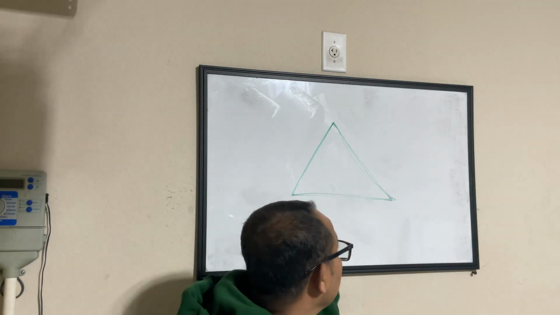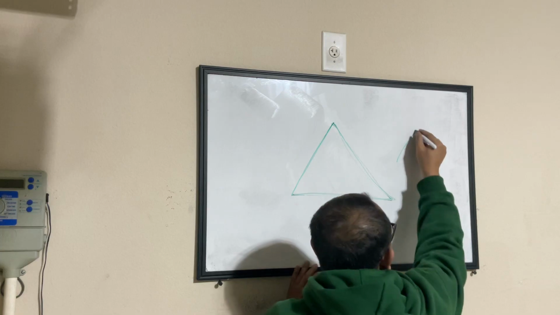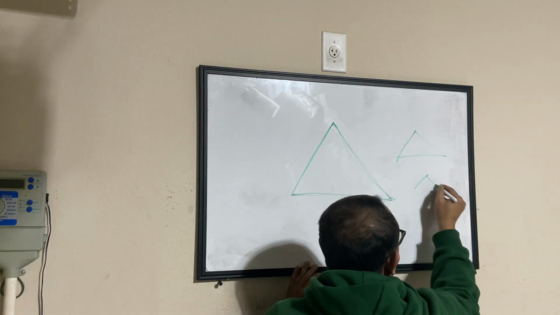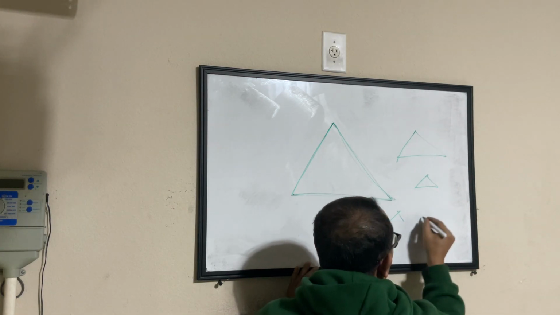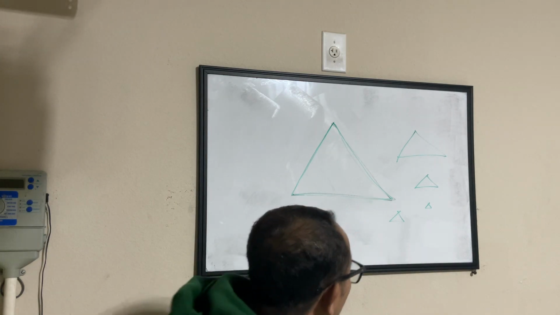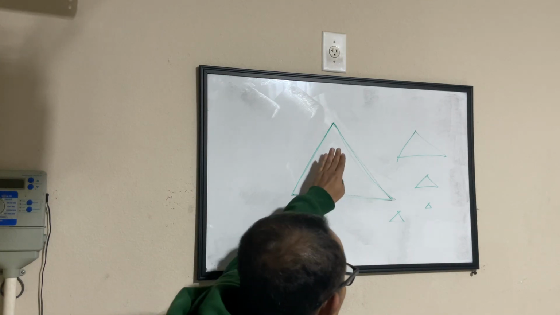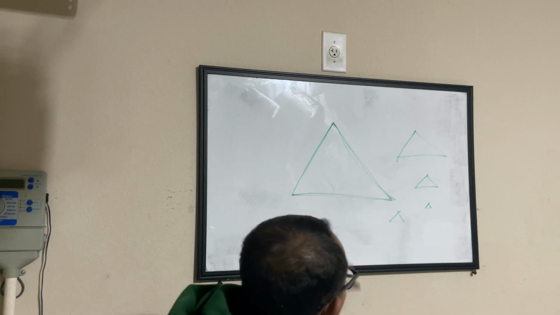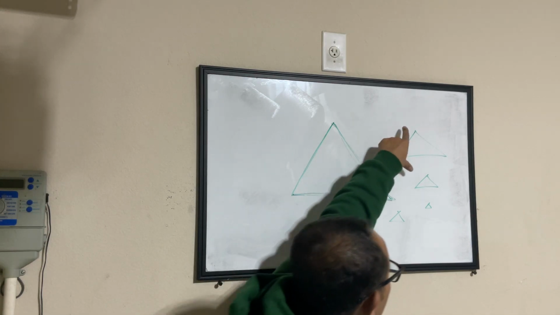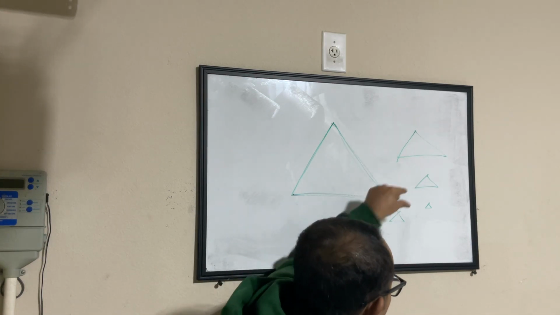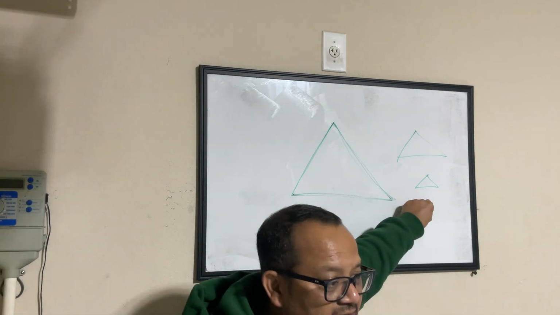Any shape you talk about, there is a difference between this shape and this shape. This shape. Why? Because if you look at them all, this is taking more space on the board. This is taking lesser space. Even less space. Least space.